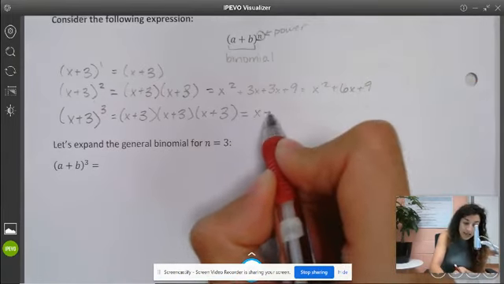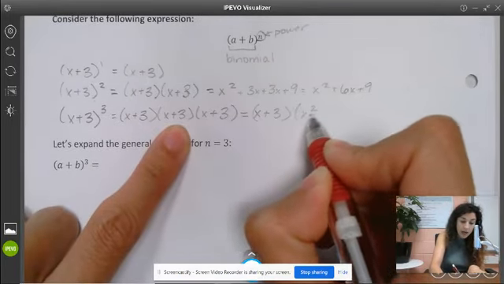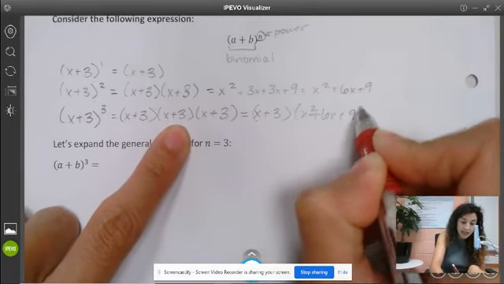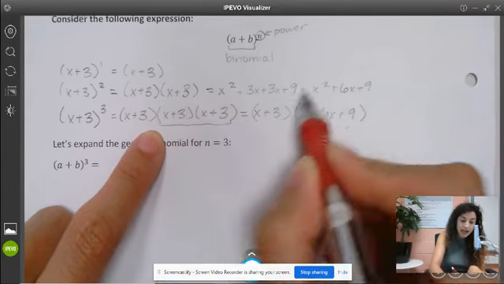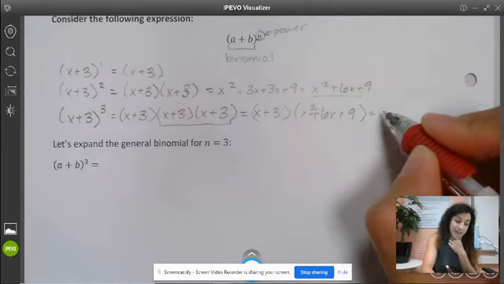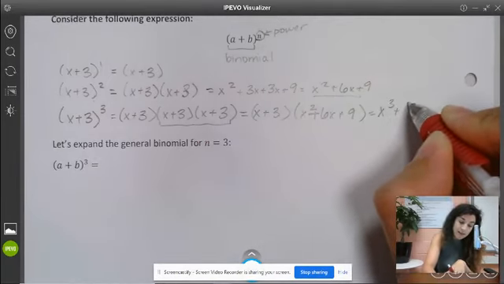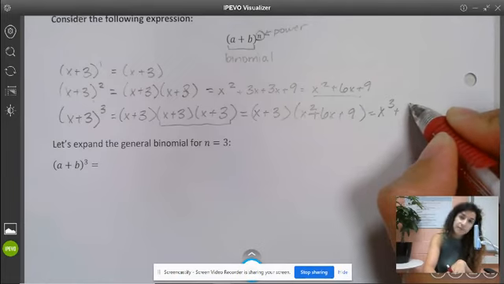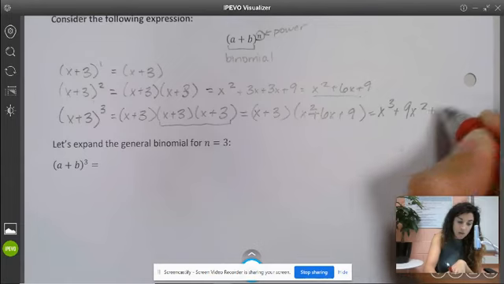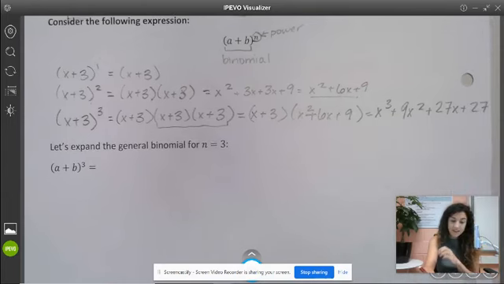And then this would be x plus 3 times x squared plus 6x plus 9, because we've just established that this guy is equal to that. So then distributing it again, we would get x cubed plus 9x squared plus 27x plus 27.